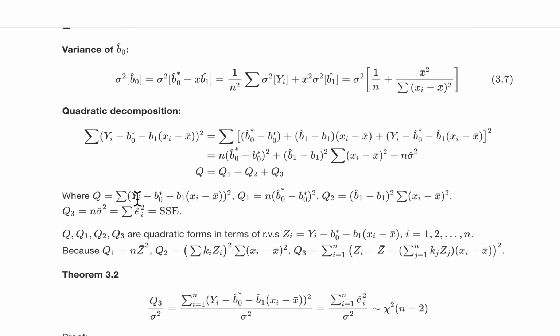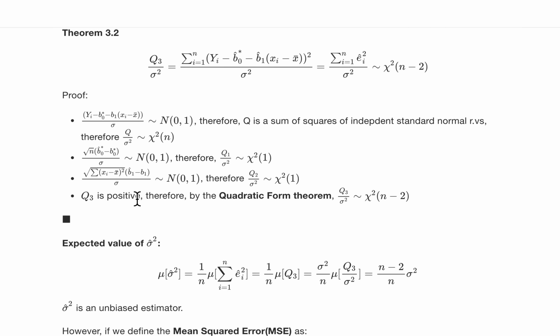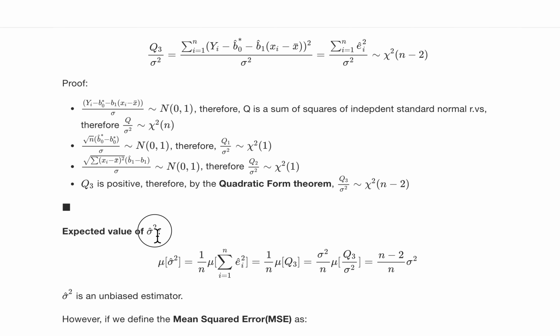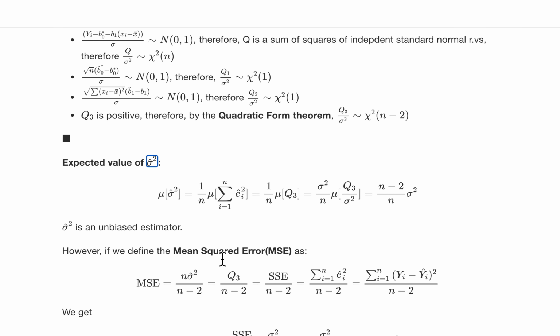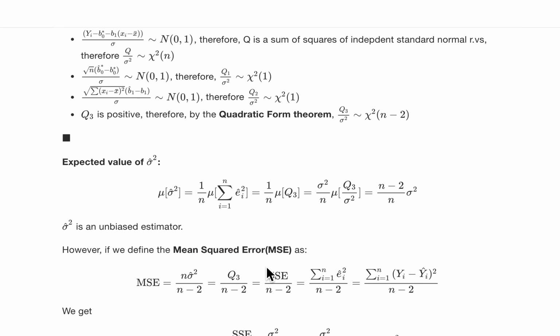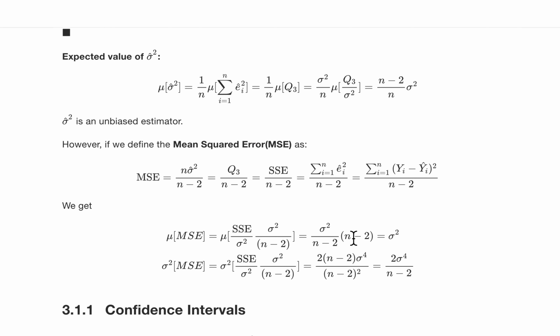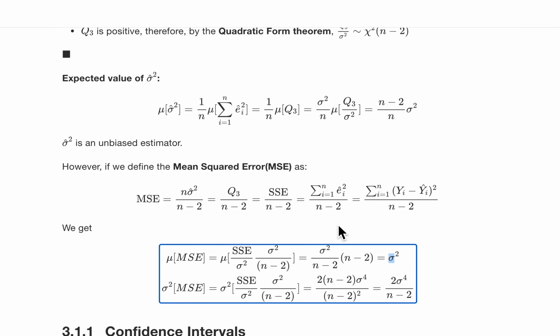So now the next thing we want to do is find out some very interesting things about, for example, the variance of the point estimate sigma square hat. Also, we're going to introduce the mean square error, which is an unbiased estimator of sigma square.